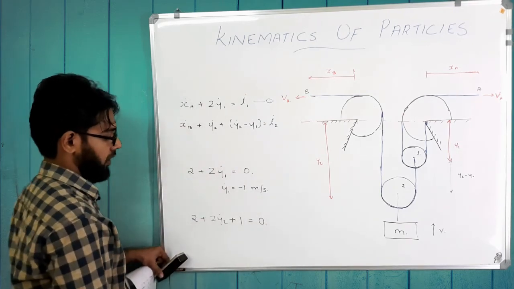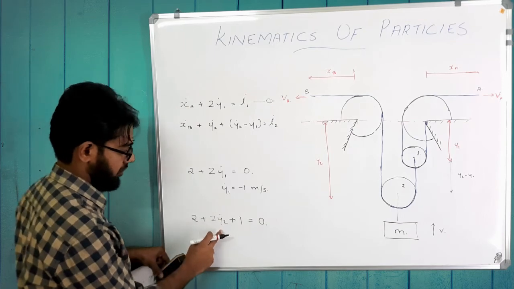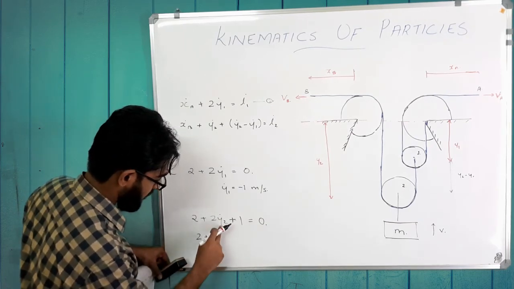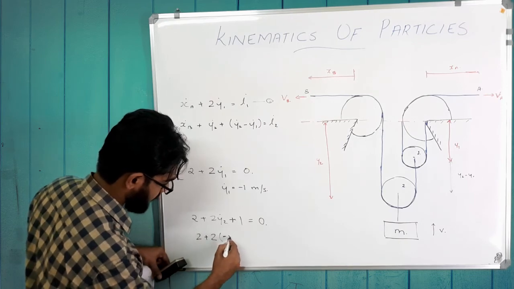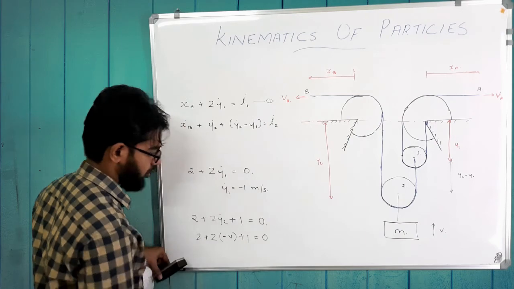Now I told you Y2 dot is actually the velocity of the mass. So this would become 2 plus 2 times minus v plus 1 equal to 0.